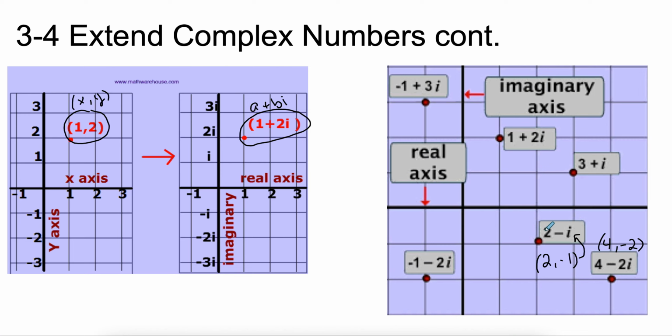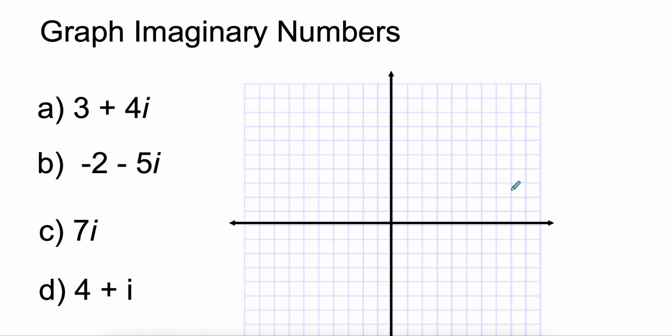Let's look and see how to graph a few of these. So think about what coordinate this one would be compared to. This would be like a 3, 4. So we'll go 3 right, 4 up, and then that would be our point. And then we're done with that one.